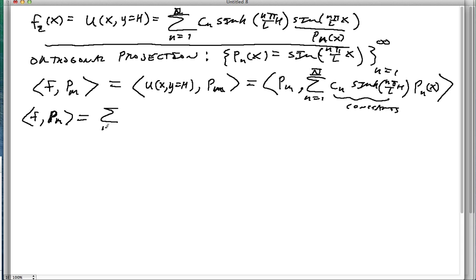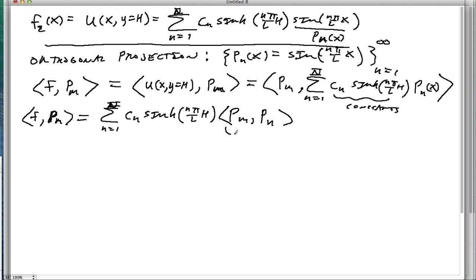the sum n equals 1 to capital N, Cn, sinh n pi over L times h times the inner product of Pm with Pn.